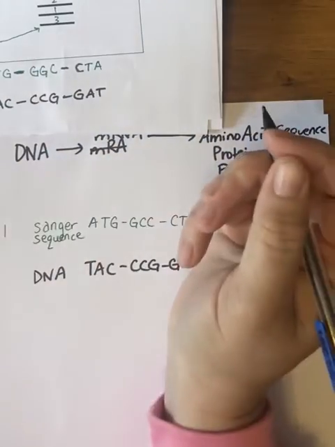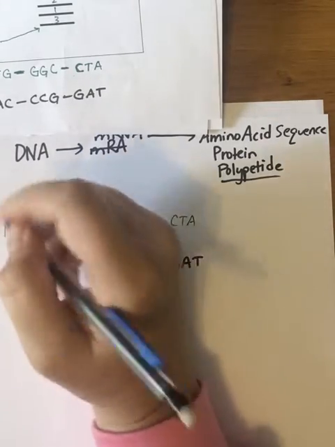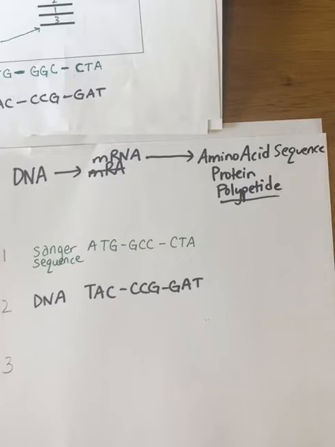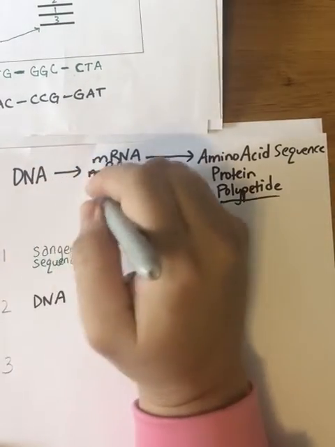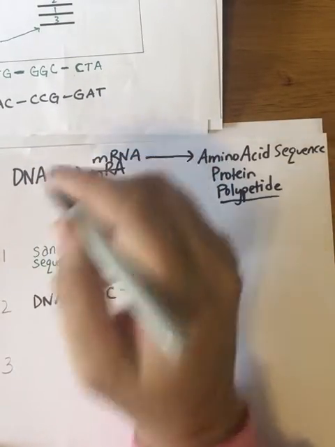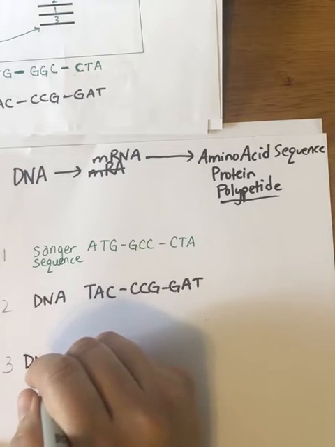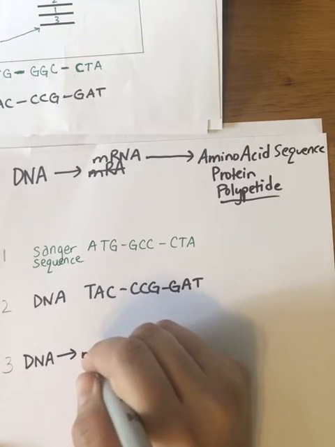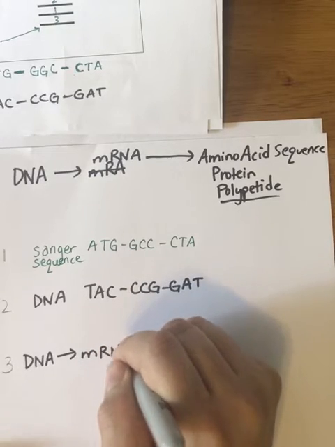Y'all's is different. So you have your Sanger sequence. Now you have your DNA. The third thing is asking you to do transcription. So transcription is going from DNA to mRNA. So number 3, you're going to take the DNA sequence and you're going to convert it into mRNA.